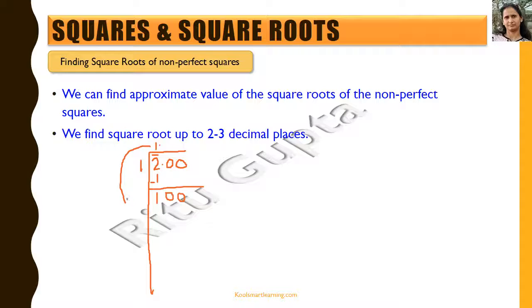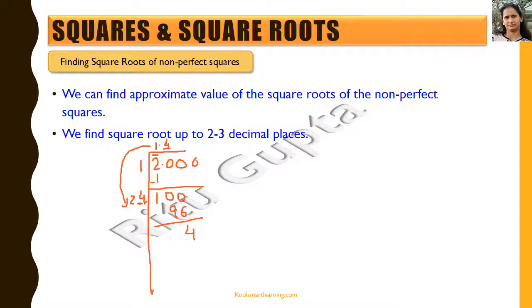Now we bring down double of it here, and we need to place a digit both in this area and the quotient area, so that this product is less than 100. We know that 24 multiplied by 4 is 96. So we bring that down, and on subtracting we get 4 over here.